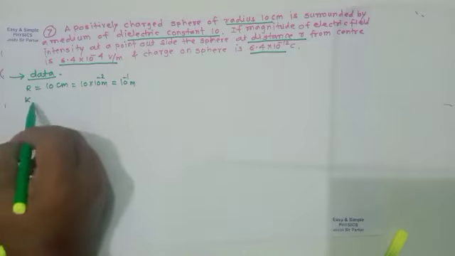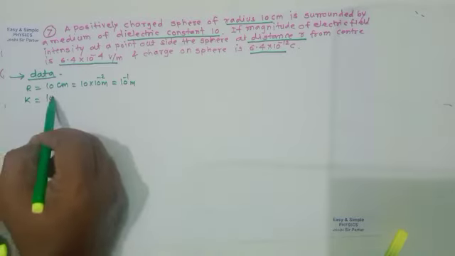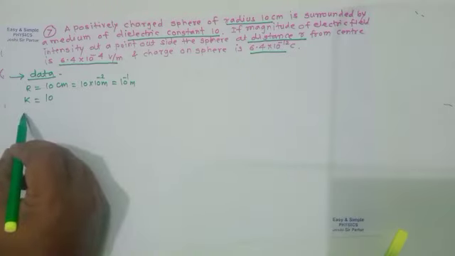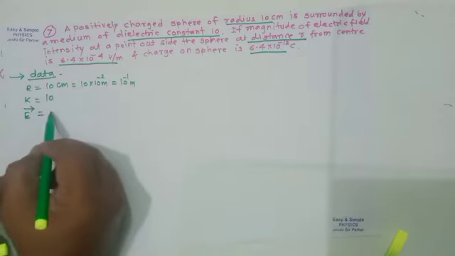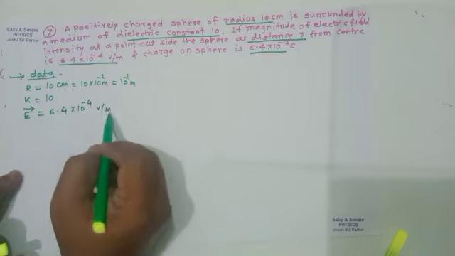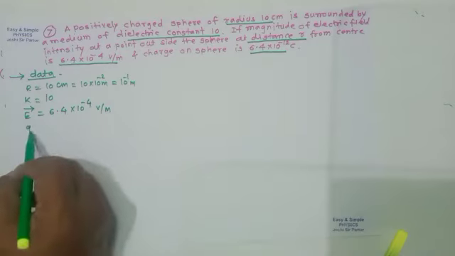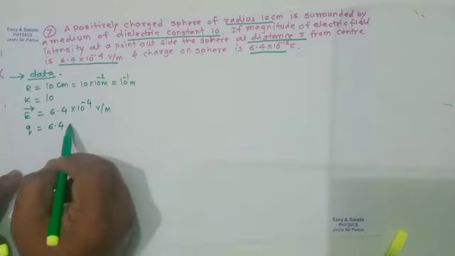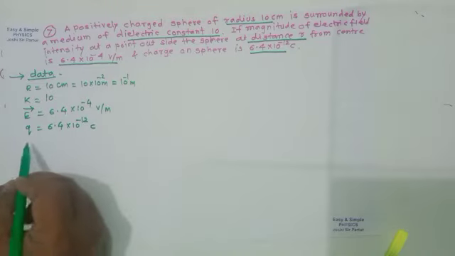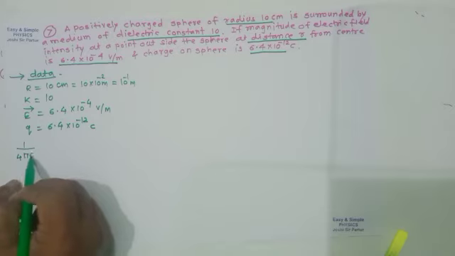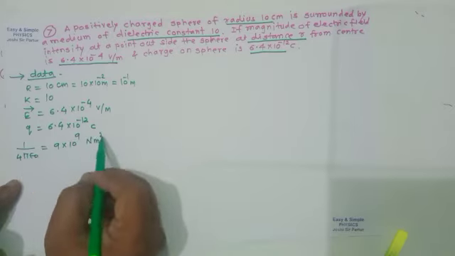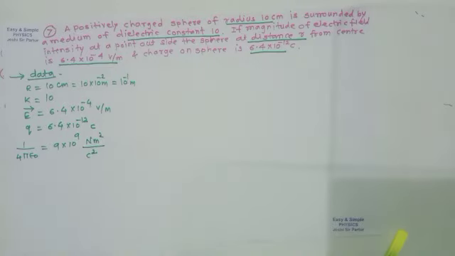Again, the dielectric constant K is given, it is 10. The electric intensity is given as 6.4 into 10 raised to minus 4 volt per meter. The charge is given as 6.4 into 10 raised to minus 12 Coulomb, and we know the value 1 upon 4 pi epsilon 0 is 9 into 10 raised to 9 Newton meter square per coulomb square.